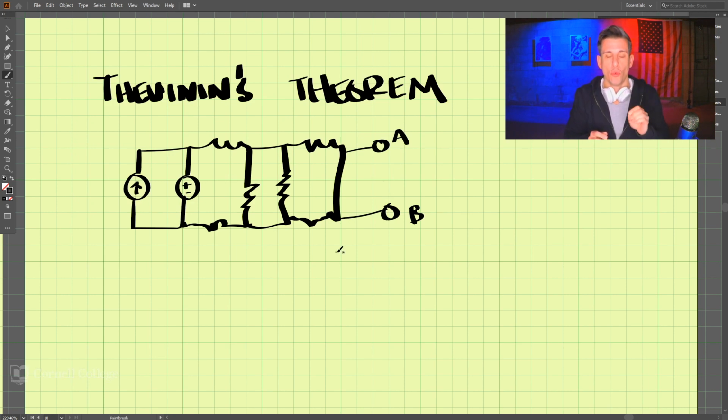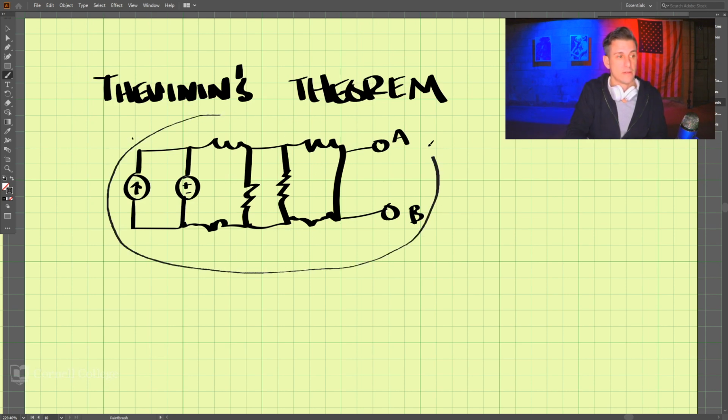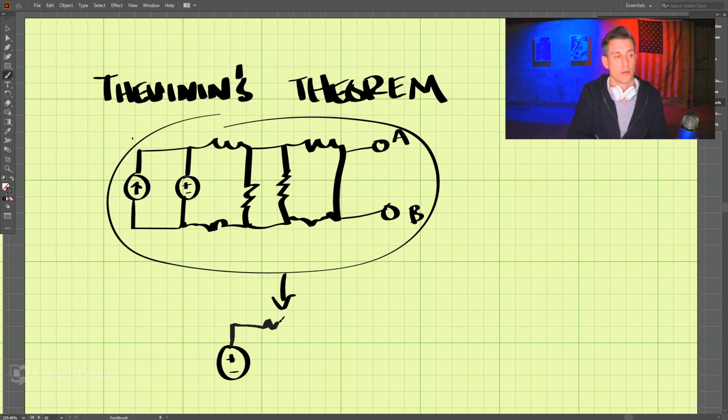What we can do with linear circuits is transform this entire circuit to a very simple circuit, which is just one voltage source and A and B. So these are equal to each other.